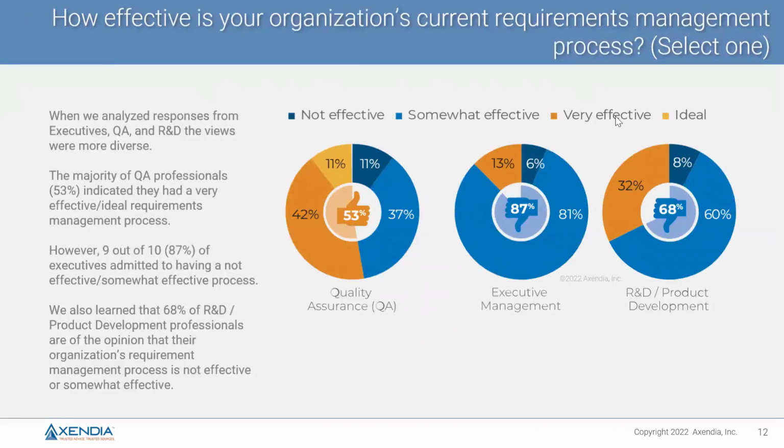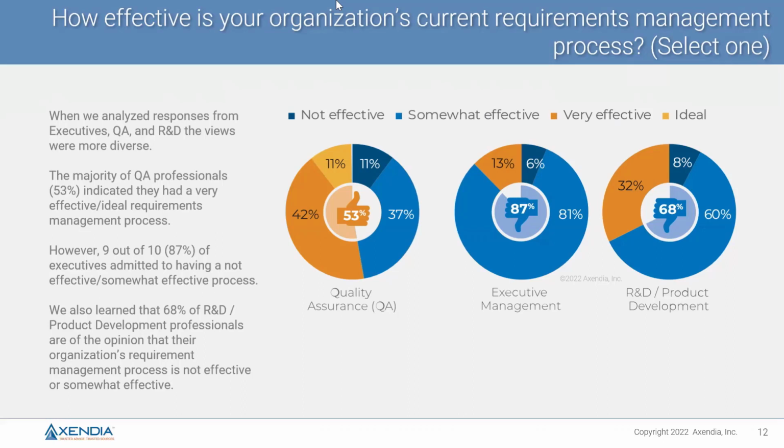All right. So we wanted to take a look at those numbers from the different personas. The quality personnel were a little bit more positive. They believe that their requirements management process is very effective or ideal, right? So they account for about 53% of that. But when you look at the executive management, to have 87%, so almost 9 out of 10 executives, indicating that their organization's requirements process is not effective or only somewhat effective, that's pretty shocking, keeping in mind that these are the folks that own the budgets, right?